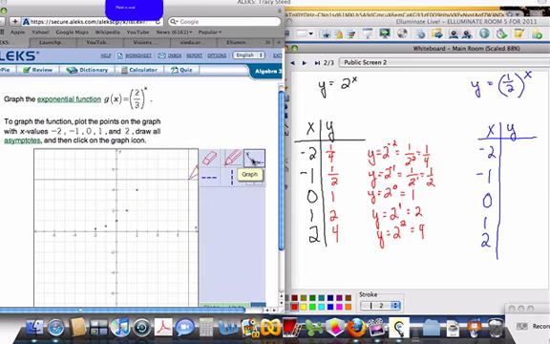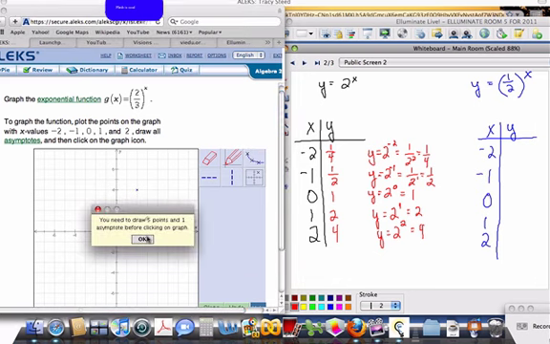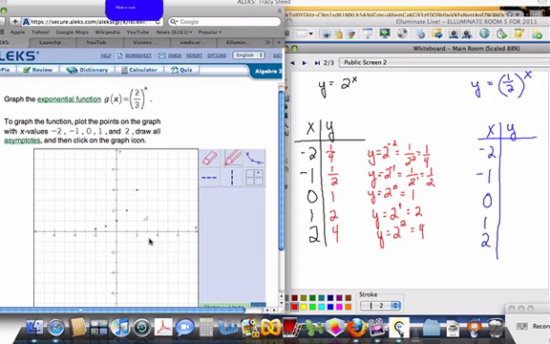Now, if I hit this button here, it says I need to draw 5 points and 1 asymptote, so it's reminding me to do that. So that was awfully nice. And so I need to draw the asymptote. So what I want you to see here is even when my x values were negative, my y value is never going to be negative. Okay?